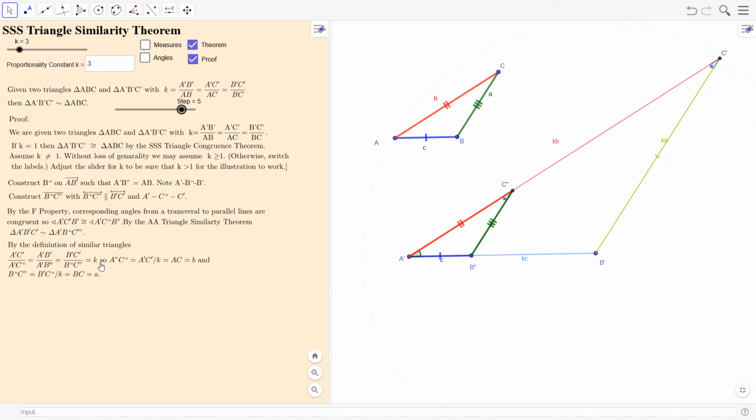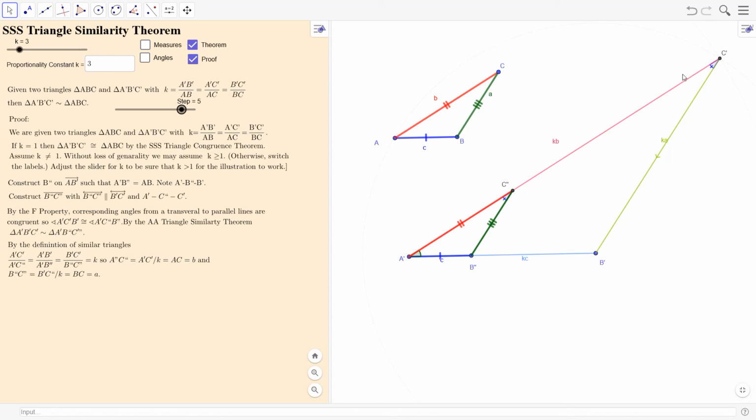And how do we know what that is? Well, we know that this side here is C and this is KC. So A prime B prime is K times A prime B double prime. Since these are proportional, all of these are K times as much.